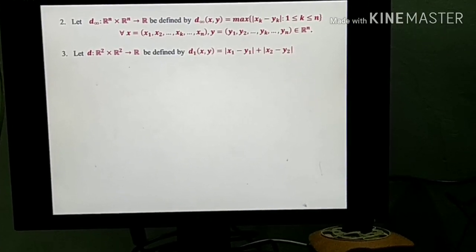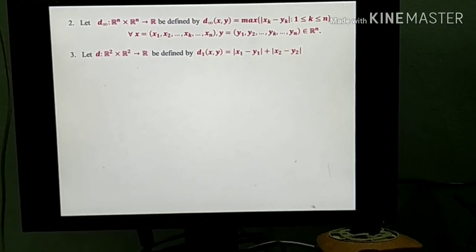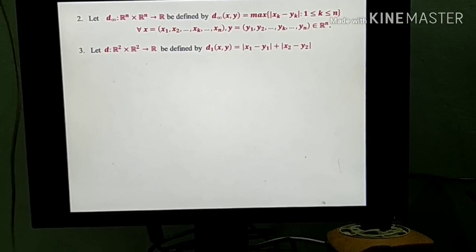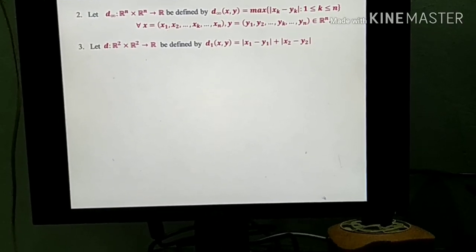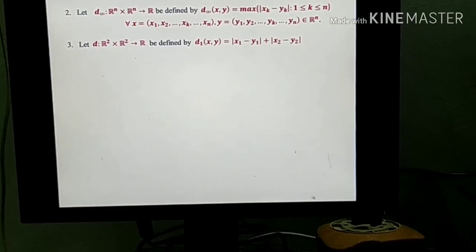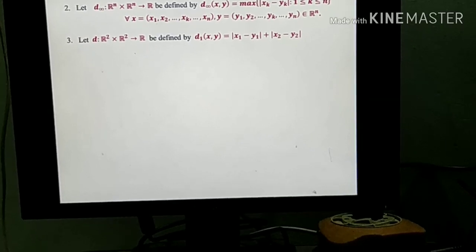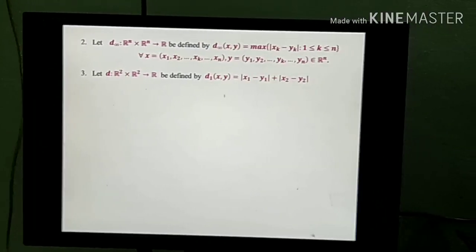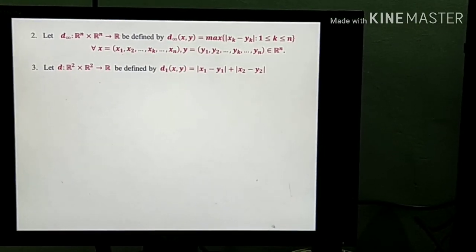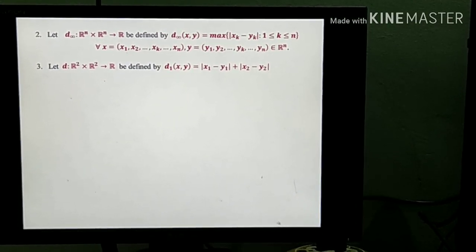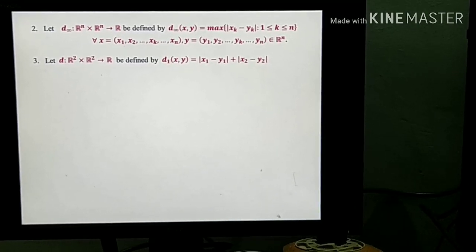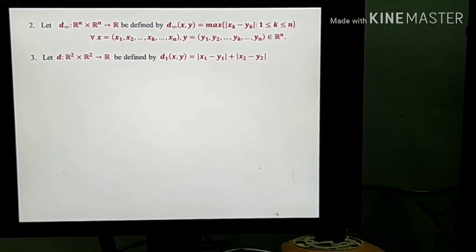It is defined from Rn cross Rn to R, and it is defined by just the sum of mod xk minus yk, k from 1 to n. And if I take n equal to 2, it reduces to this function defined in example 3, and therefore obviously it satisfies all the properties like d1 in example 1, and therefore it becomes a metric on R2.